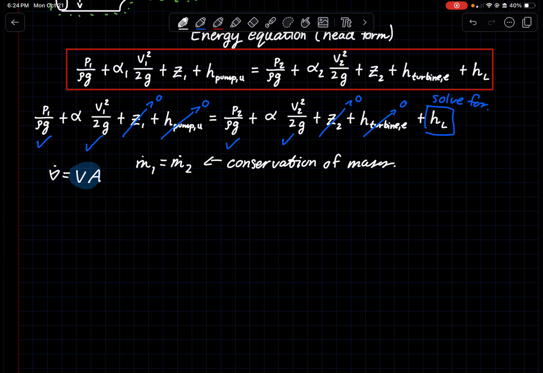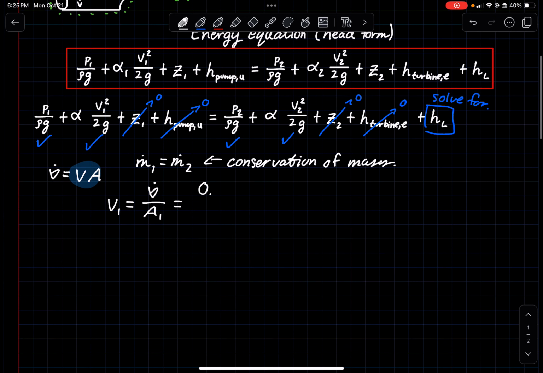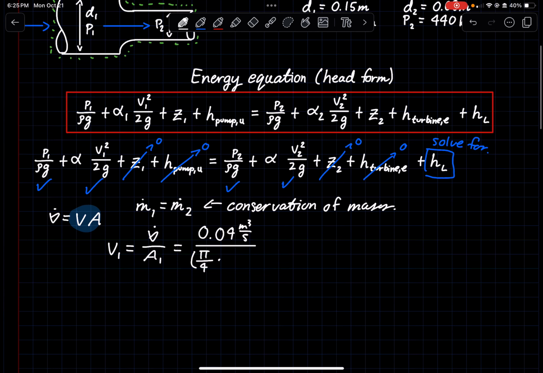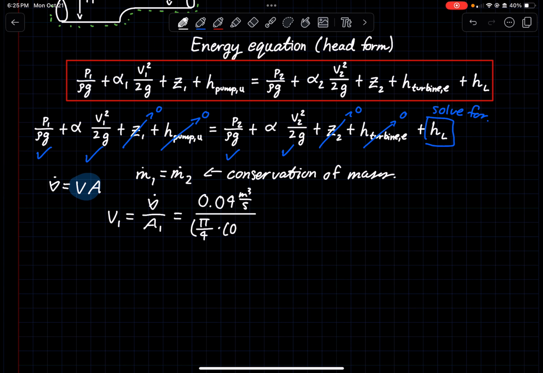Okay, so let's do V1 first. So V dot over A1. Our V dot is given as 0.04 meters cubed per second. Divide that by the area of a circle, our cross-sectional area over here. So this is diameter 1, 0.15 meters, squared.